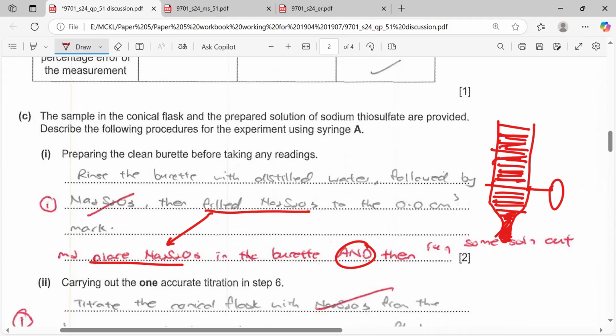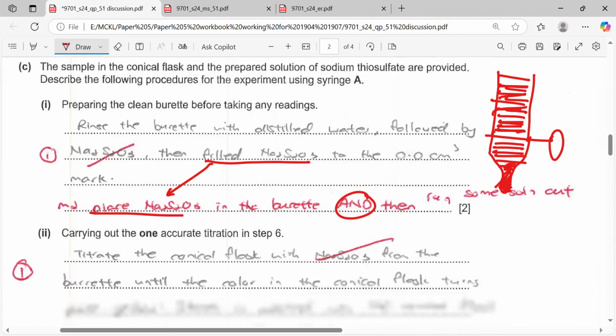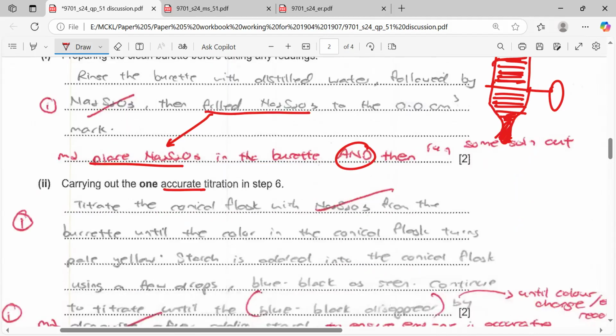Part 2, describe carrying out one accurate titration in step 6. So you just tell the examiner how you carry out one accurate titration. Accurate, not rough, accurate. So I answered: titrate the conical flask with sodium thiosulfate from the burette until the color in the conical flask turns pure yellow, which is where the iodine concentration will decrease, because when you titrate, iodine will decrease.